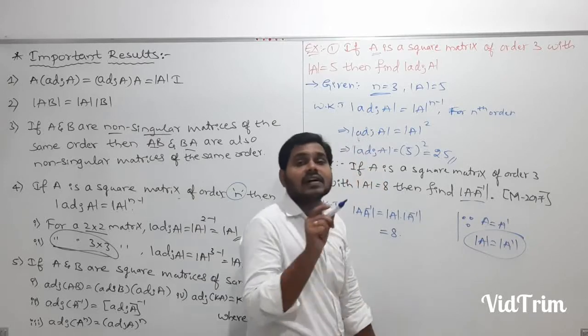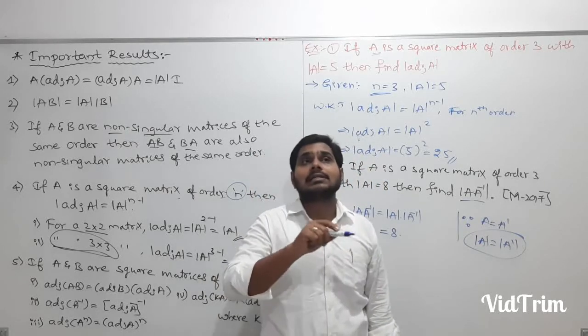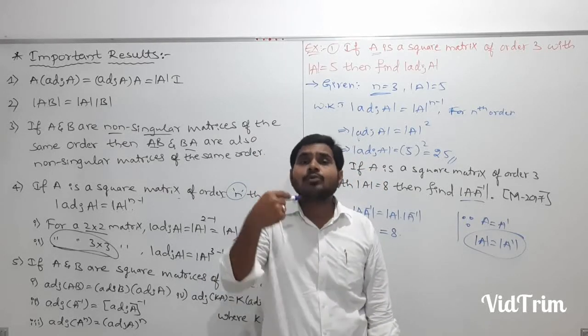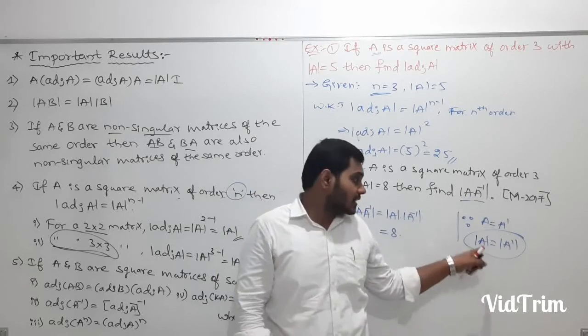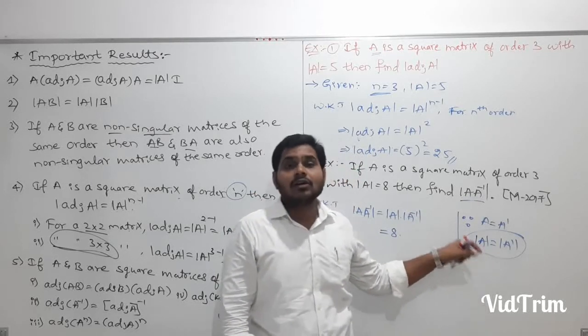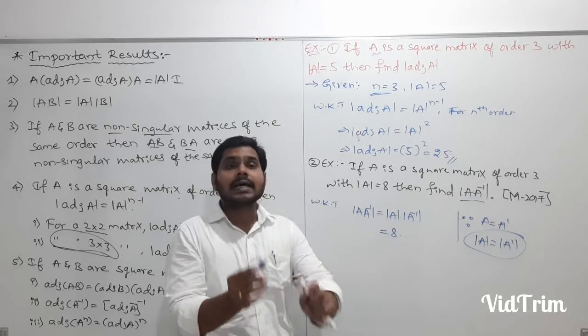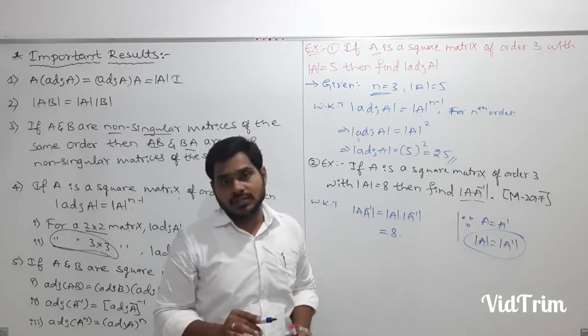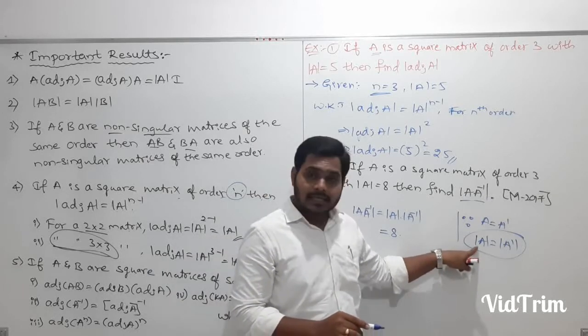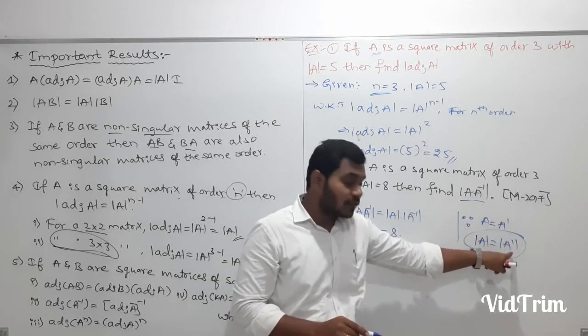This is the first property in the properties of determinants that I discussed. For any matrix, if you interchange rows into columns, the value won't change. That property is determinant of A equals determinant of A transpose.